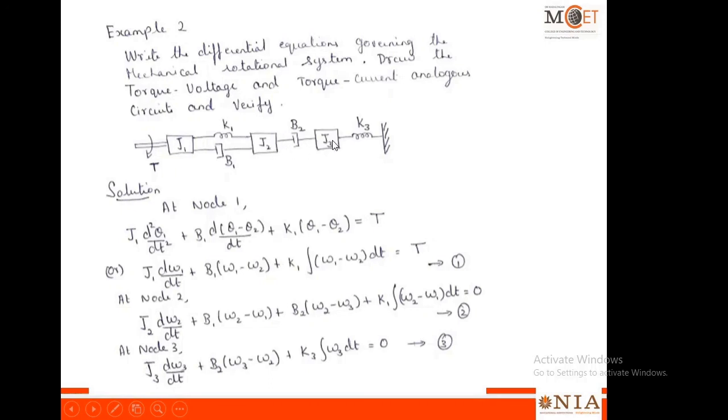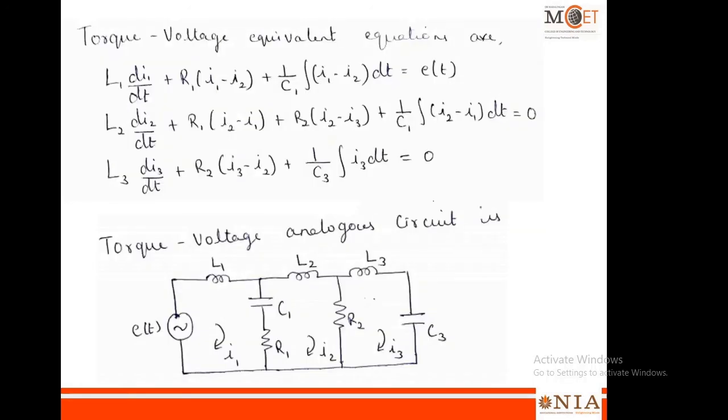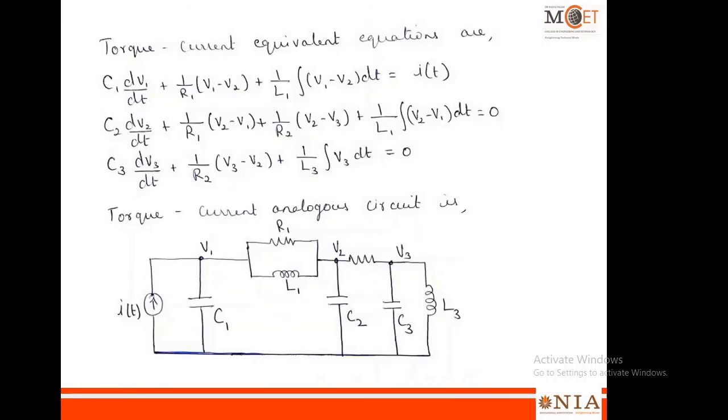And here also you can see that the equivalent for J3 is a capacitor C3, which will be connected purely to node 3, and the equivalent for K3 is your inductor L3, that will also be connected only to node 3. You can see all these things here. So whatever I was telling orally, you can see that.